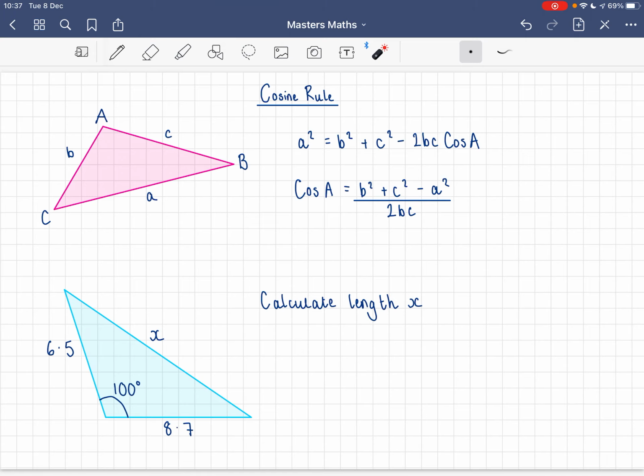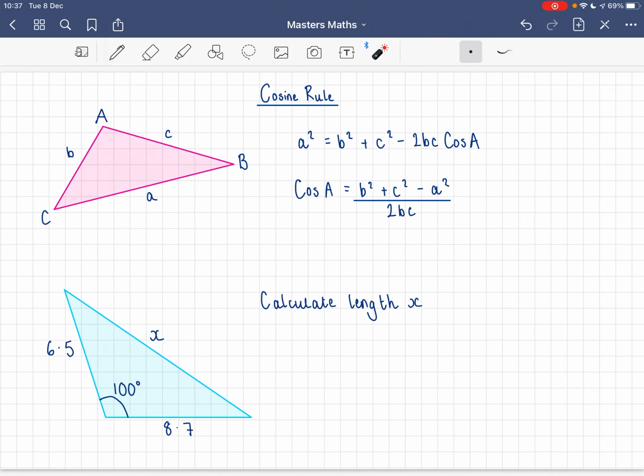Depending on what you find easier, you can either just memorize one. If you're going to just pick one, the first one is always the better one to remember and memorize. If you can remember that, then you can always rearrange it to make the second form to find a missing angle. If you find memorizing things really easy, and easier than rearranging, you might want to just memorize both of them.